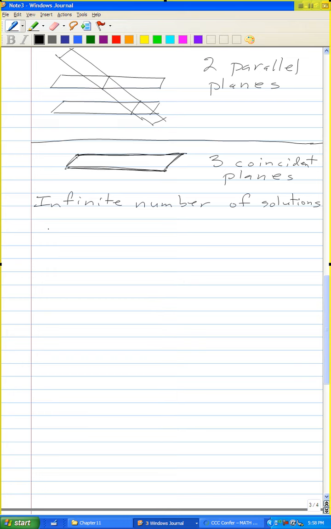Well, I'll say that this is the case of a dependent system. And, well, these, of course, are also coincident. Consistent. So it's a dependent system that's also, of course, consistent.